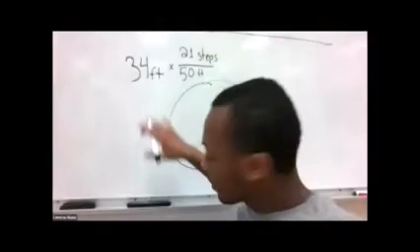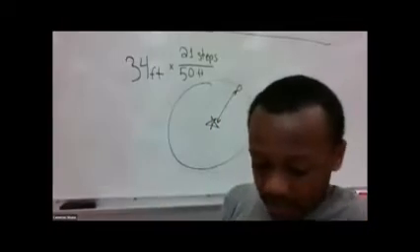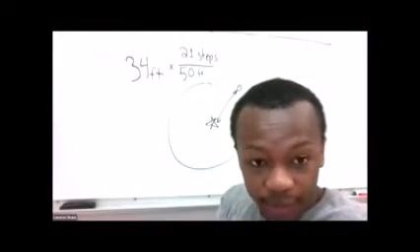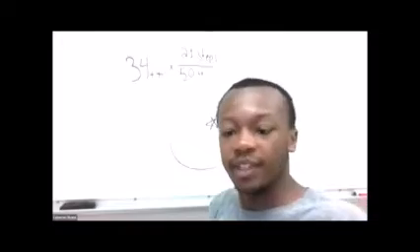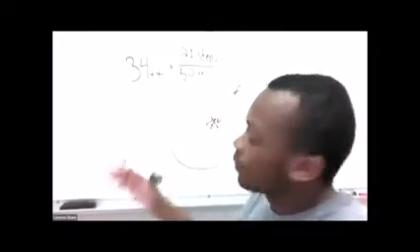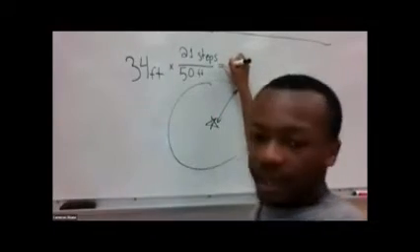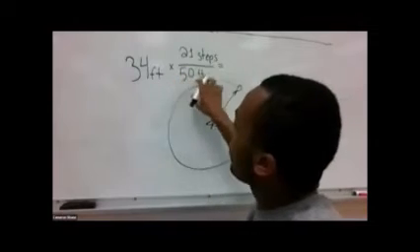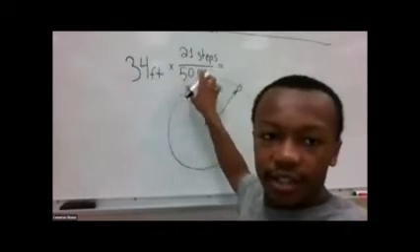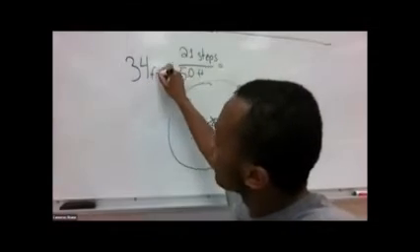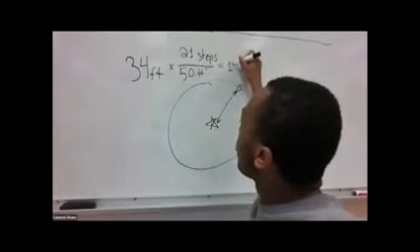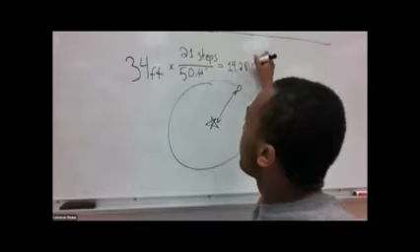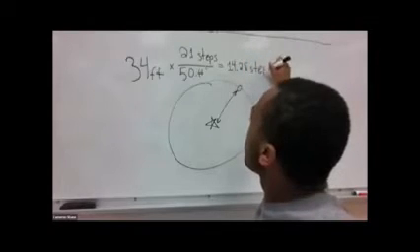So with this formula, I can just grab a calculator real quick. I did most of the math already. Now we've got the 21 steps over 50 feet, and this would get us in steps, because the units, feet, cancel out. And that will get us around 14.28 steps.